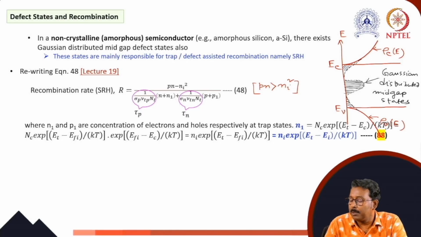If we consider room temperature, kT value will be 25.85 or 26 millivolt. kT is in milli electron volt, kT by q is in millivolt.